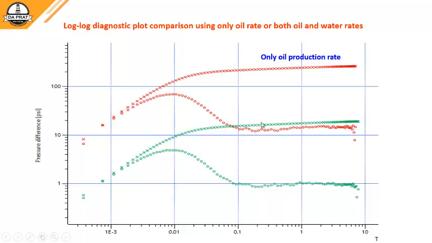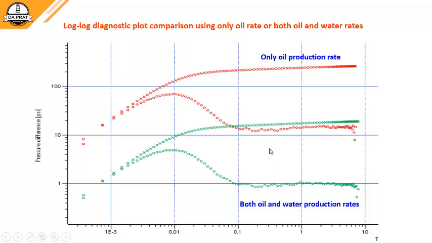In the past results, we considered both phases, oil and water, but in many cases you're tempted to just use one phase. If you use that, you can see here the log-log plot of the buildup and the diagnostic, the signature, having just oil based, the derivative based on using only oil, and using both oil and water production rates.